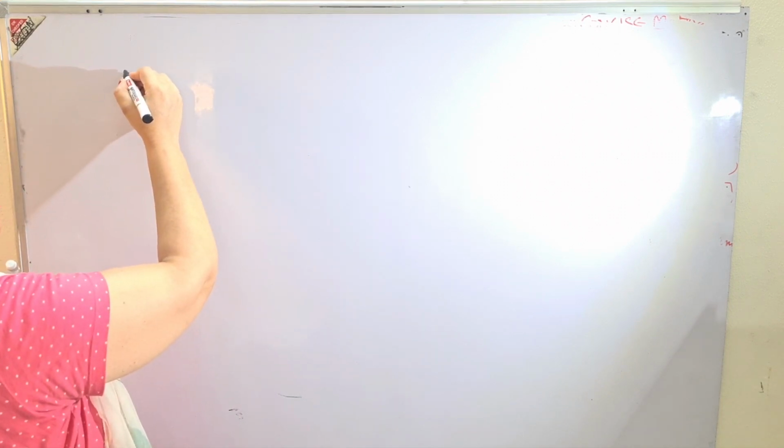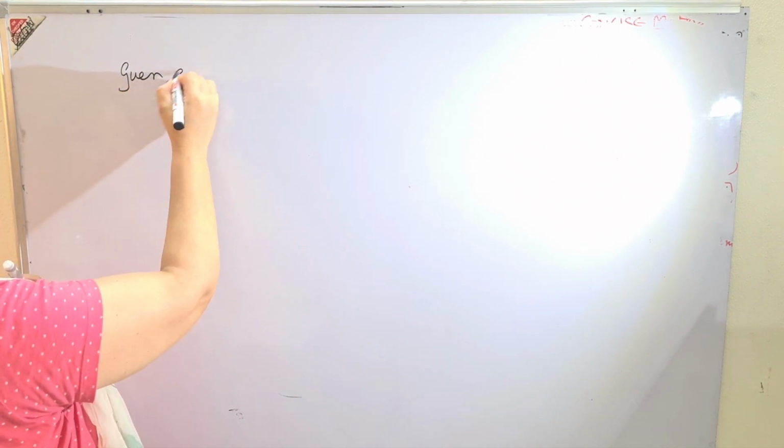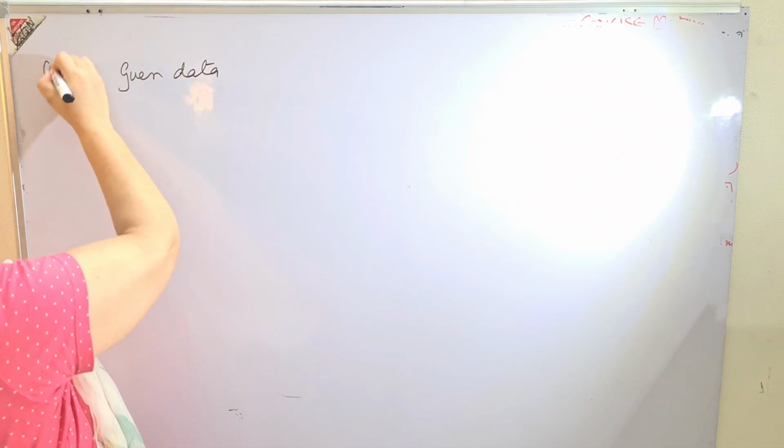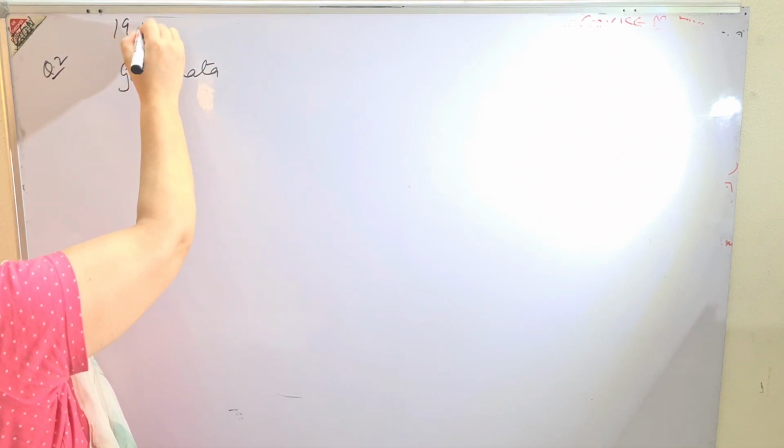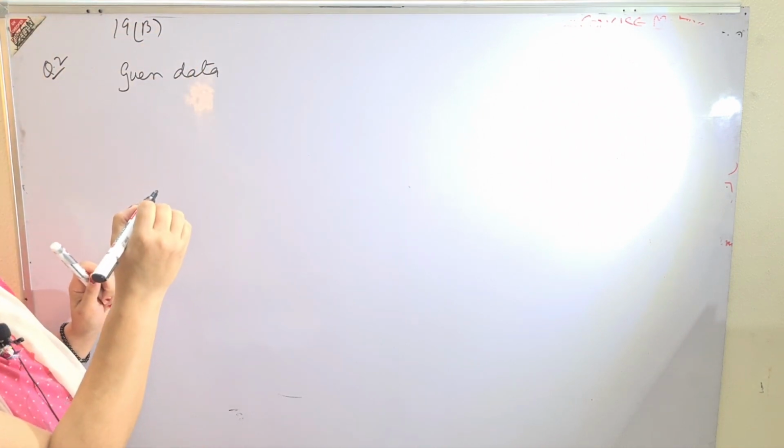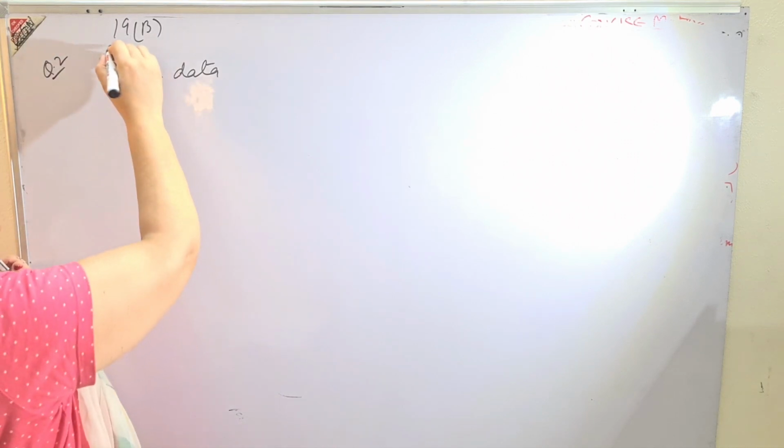Then coming to the same questions, like question number 2. The following data has been arranged in ascending order. Already arranged. Question number 2, exercise 19b, page number 241.